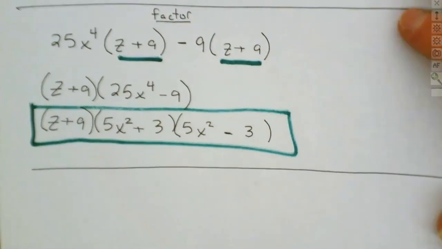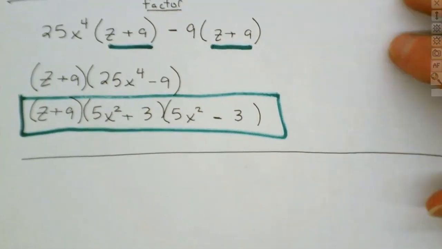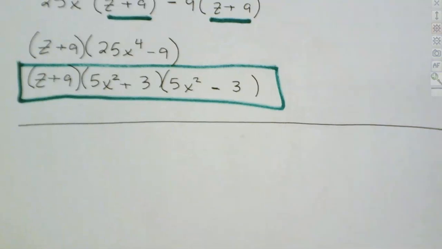Let's do at least one more. How about I give you another one here, and I'll just make up one real quick. Let's make sure we remember how to factor this one out.